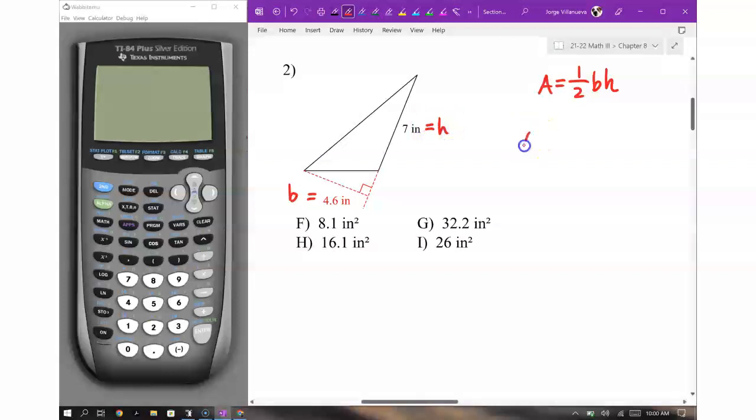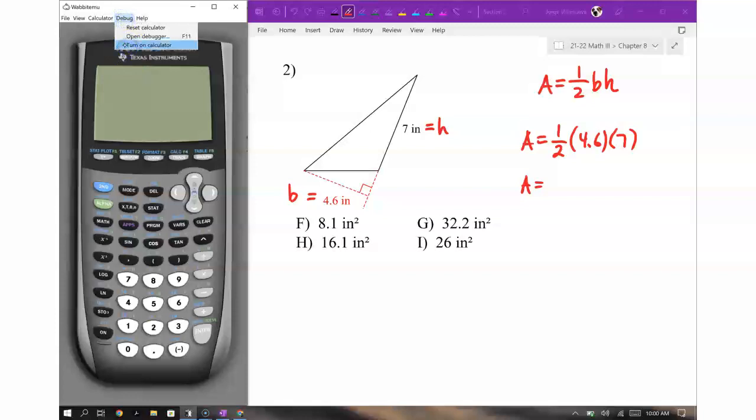So area is equal to 1/2 of 4.6 times 7. So I'm just going to use my calculator really quick, right? So 1/2, I'm just going to put 0.5, that's the same as 1/2, times 4.6 times 7, that's 16.1.